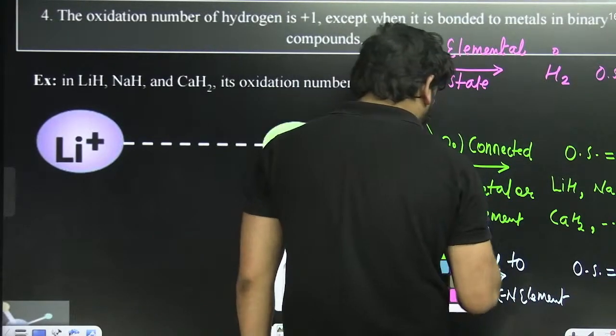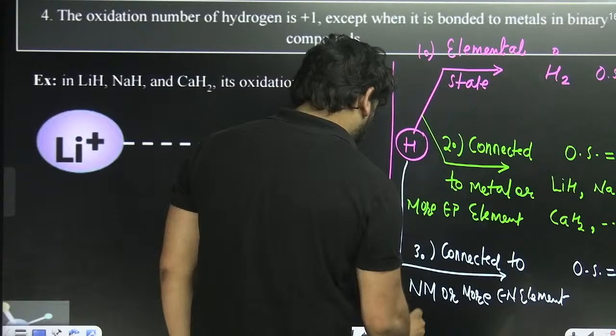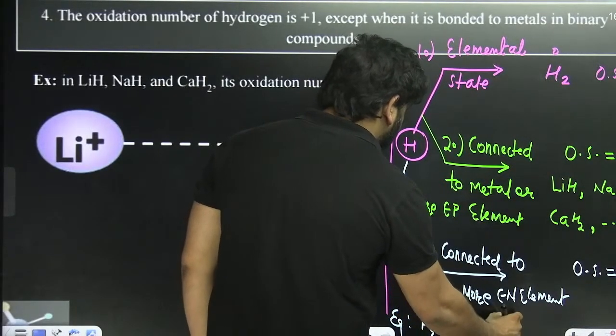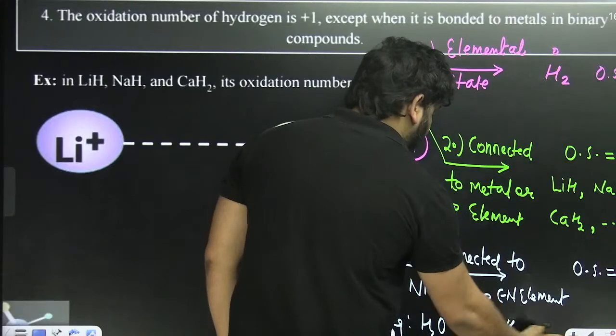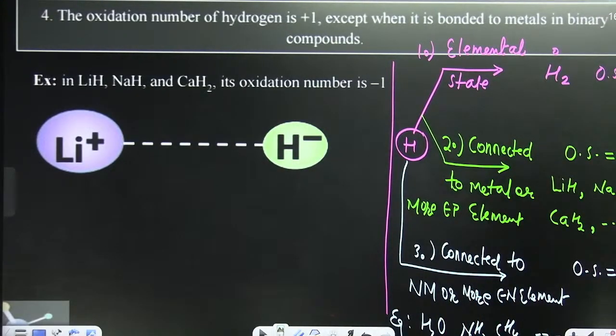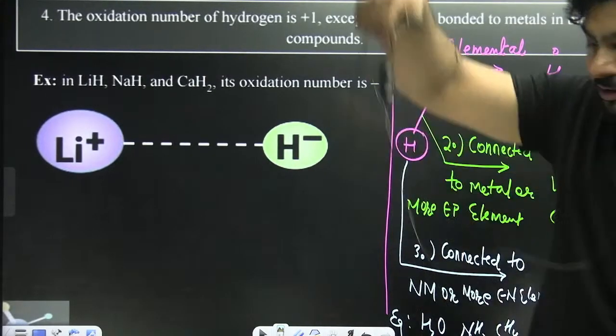So the example could be water, ammonia, methane. If anywhere more electronegative element is there, then hydrogen will be having +1 oxidation state, else it will be having -1 with metal, 0 with hydrogen.